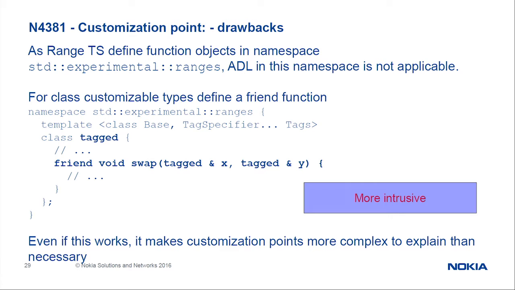And again, when we find a function like this one, it is taken when we are in the second phase of lookup. Before trying ADL, we try this one. Overload resolution in C++ is very complex.